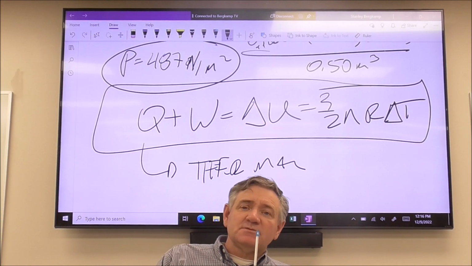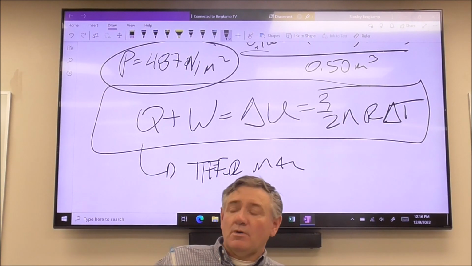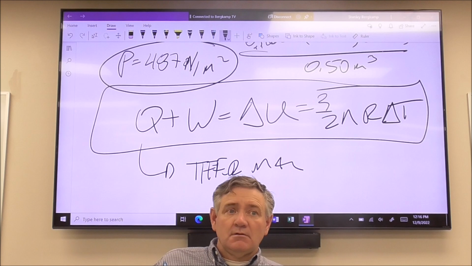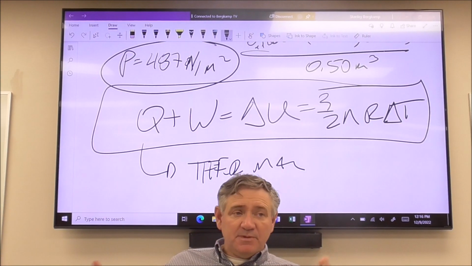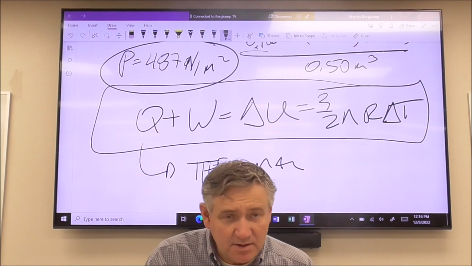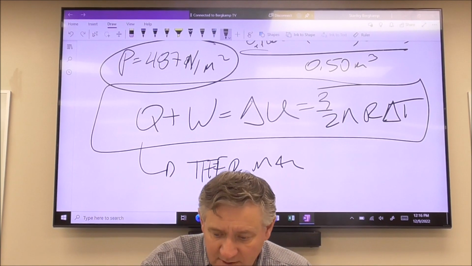Now, if I took this and put it in an ice bath, what would happen? Energy would flow out. So Q can be positive or negative depending upon the direction of the flow of energy.